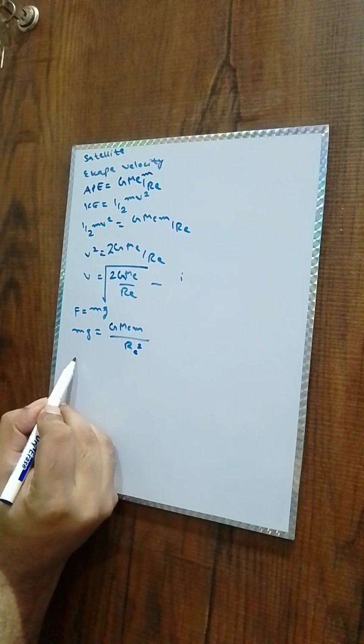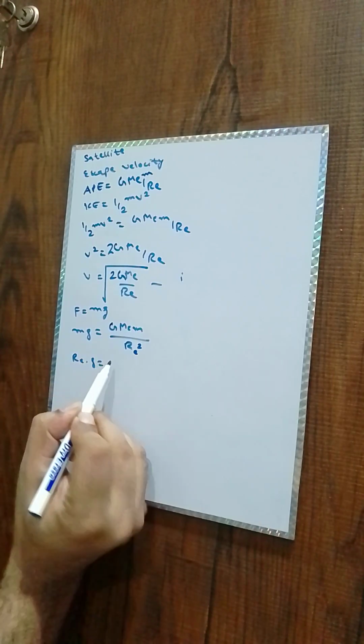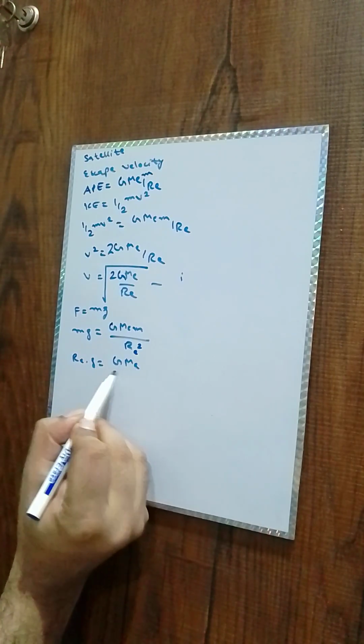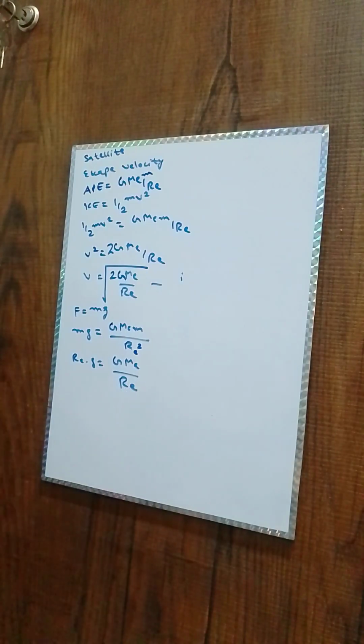And what we get basically is small m cancels out, so Re square g is equal to G Me by Re.